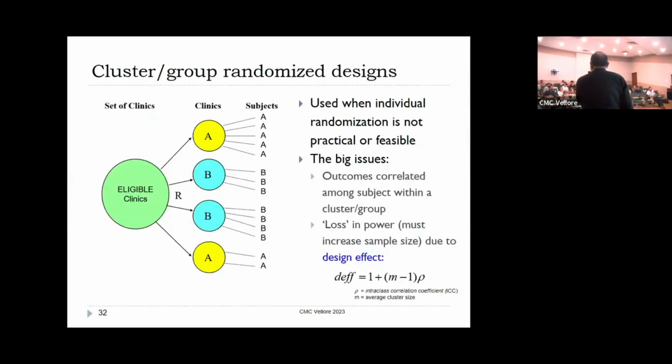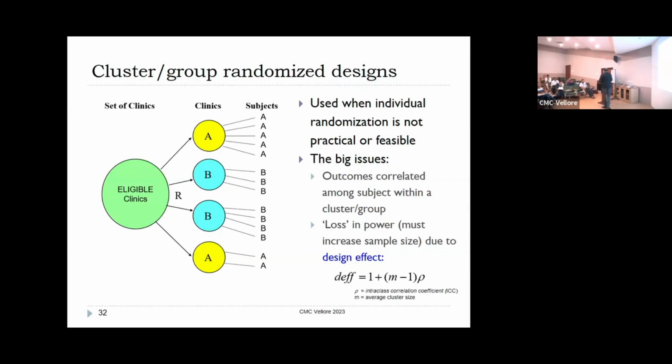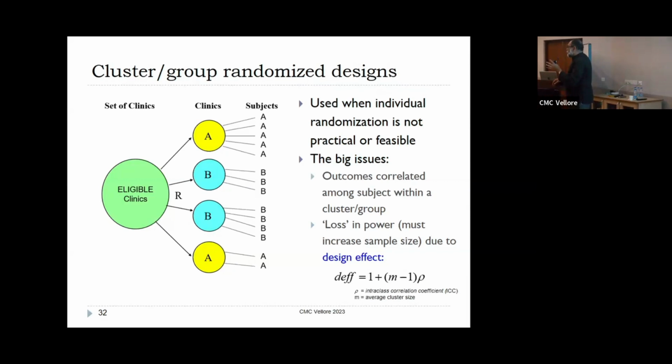Now, here's the other design that is common. So far, we've been talking about individual patients, individual people being randomly assigned. But that's not always possible. Suppose I'm doing a study in children, and children that are not patients in a hospital, children that are walking around, going to school, playing.